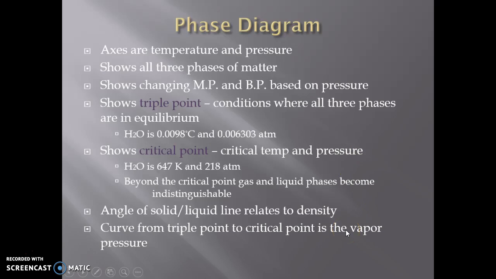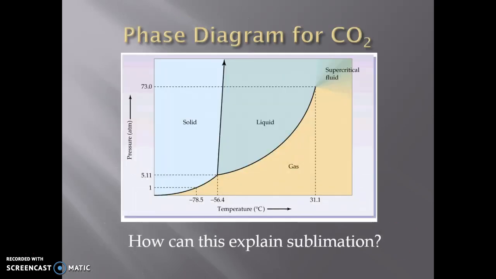So that's letting you know that the density of the solid is actually lower than the density of the liquid. The curve from the triple point to the critical point gives you some information about the vapor pressure as well.